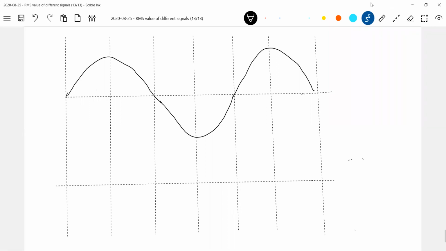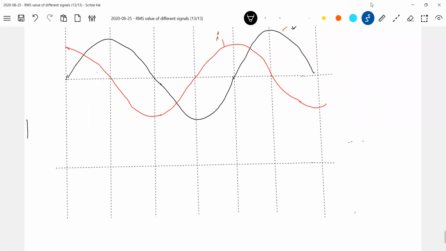Next again, this is the current. This is the current, this is the applied voltage. We have to plot the power cycle, no?